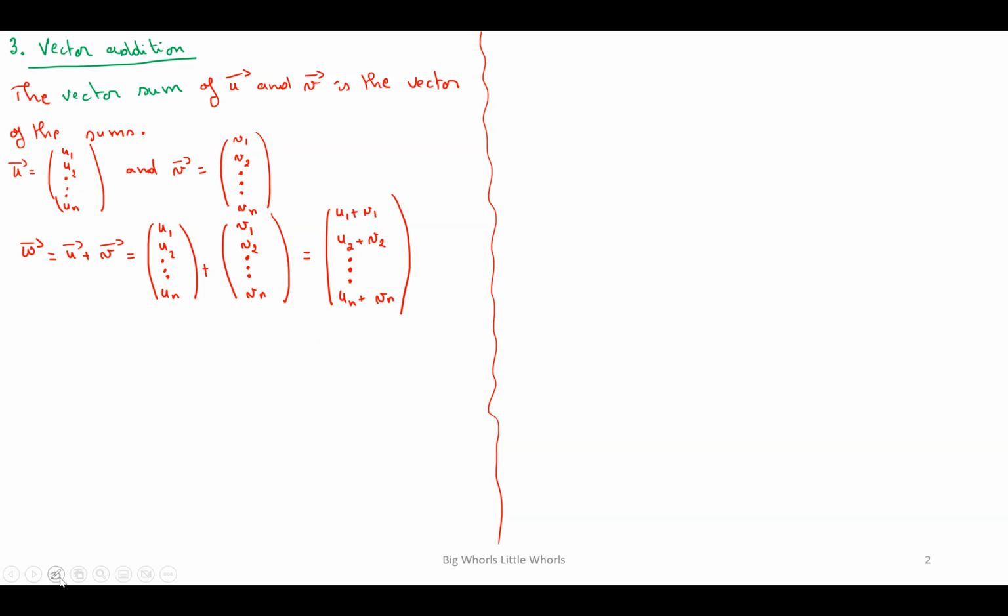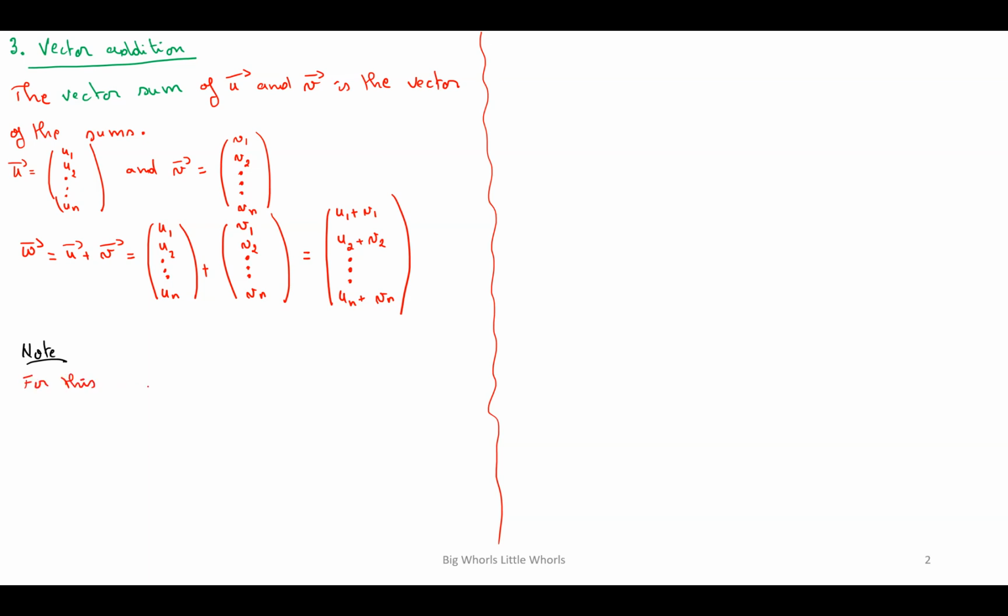Let me give you a quick note here. For this entry by entry, so we do the sum and even the scalar multiplications that we will see shortly, we do those vector operations on an entry by entry basis.